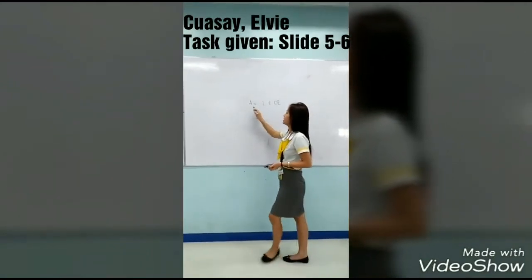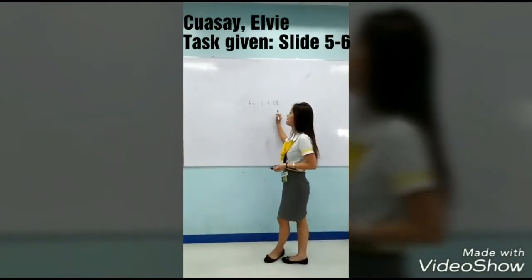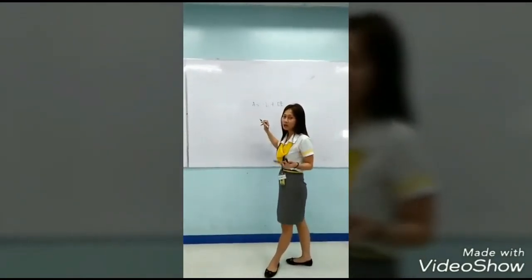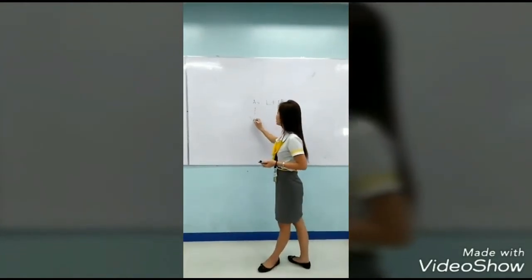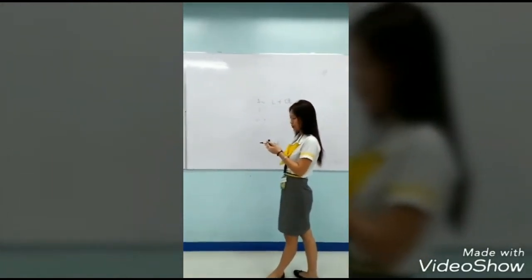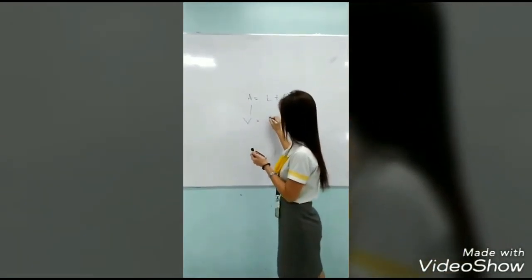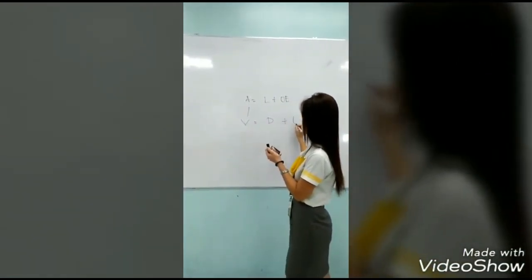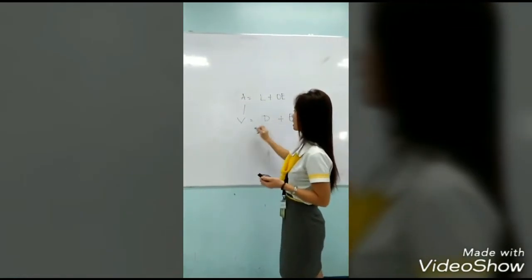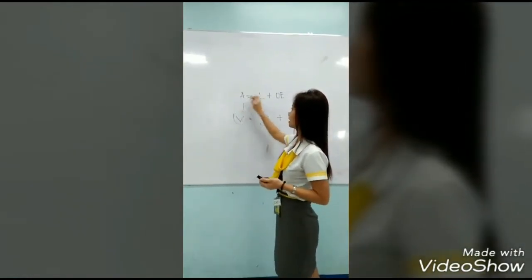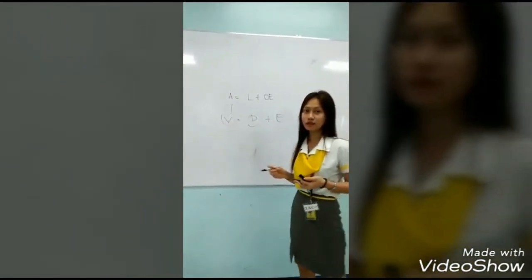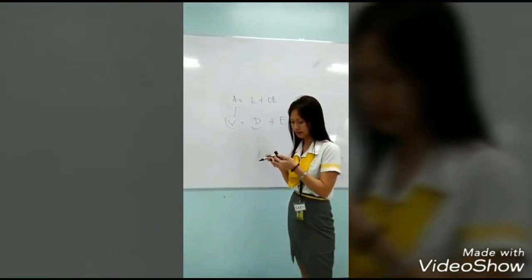We've learned that asset is equal to liabilities plus owner's equity. But now we are going to discuss that value is equal to debt plus equity. Yung debt, utang, tapos yung value, yung asset, parang ganun din, pinagkaiba lang yung variable na ginamit.